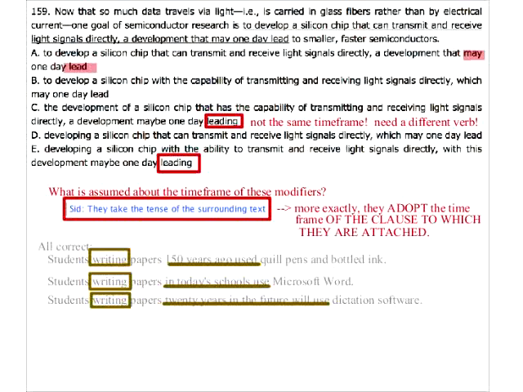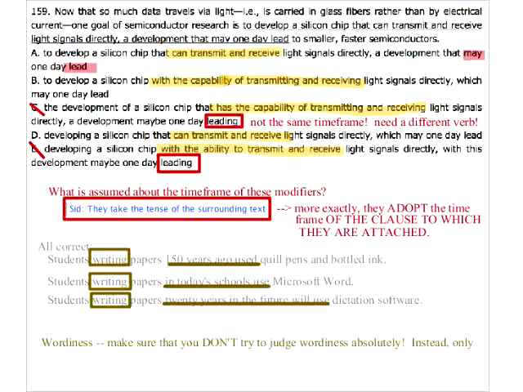So that's the issue in both C and E. There's also this comparative issue of can transmit and receive is definitely better than with the capability of transmitting and receiving. So these are not the kinds of things that you want to judge absolutely, but relatively. So when you look at wordiness, make sure that you don't try to judge wordiness absolutely.